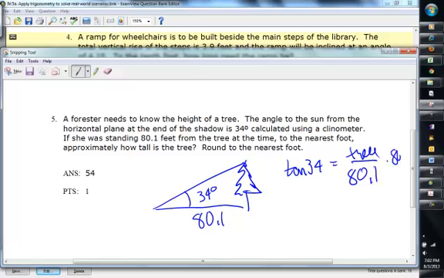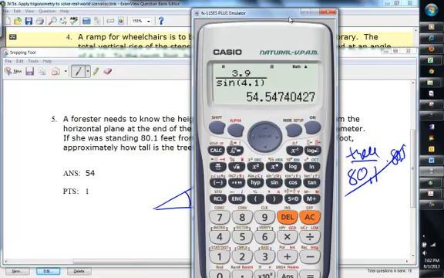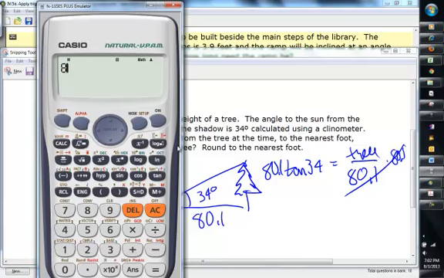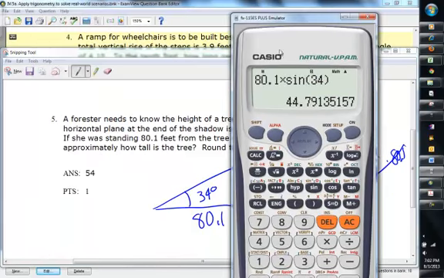Multiply both sides by 80.1. And the tree will be 80.1 times the sine of a 34-degree angle, or about 44.8 feet tall.